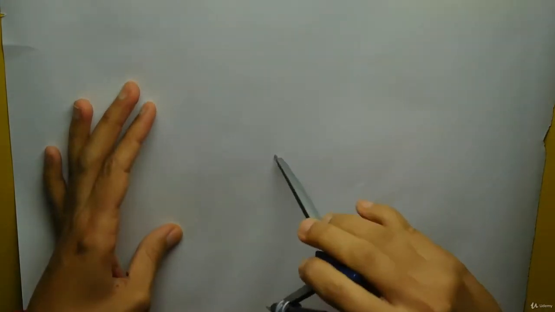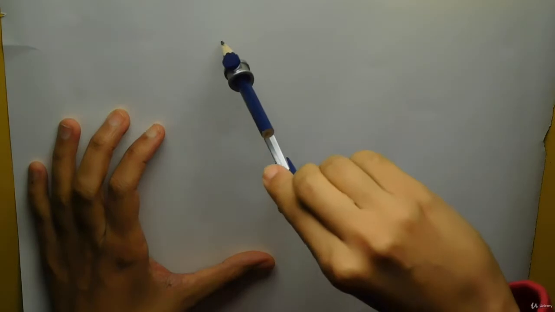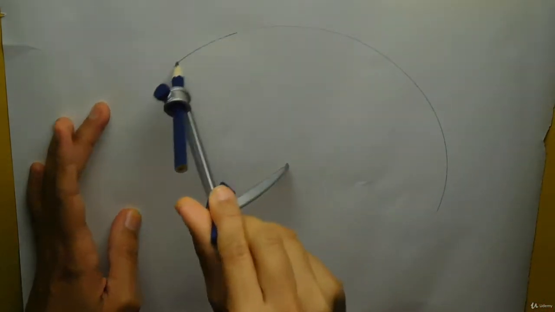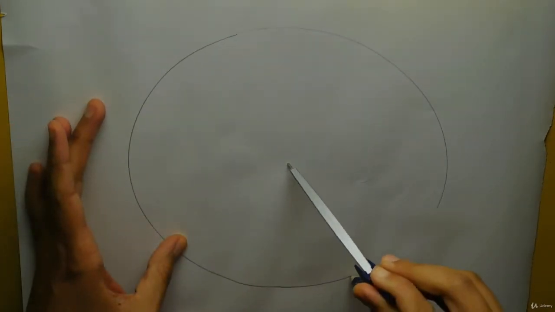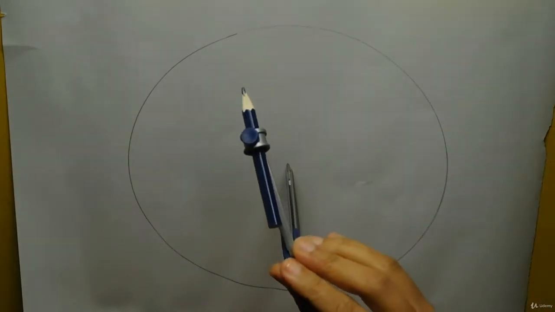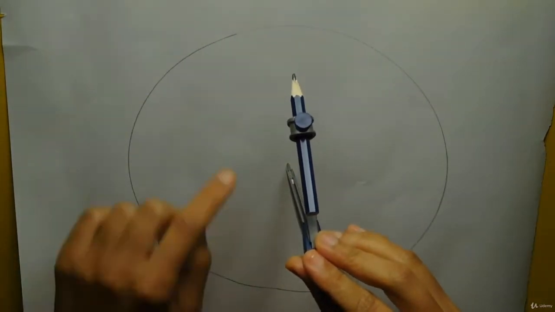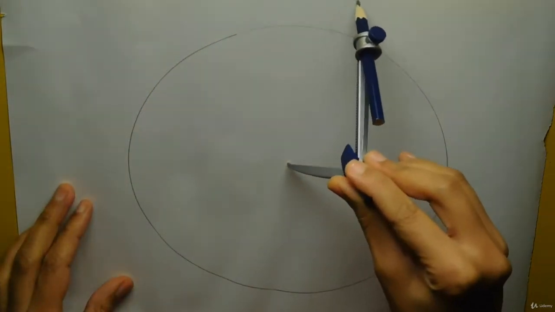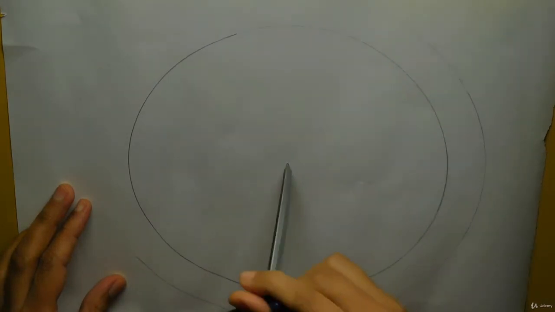Start in the center of your paper and just trace a circle. Then, with the space that is still left here, trace another circle, but that's going to be one that you're going to erase afterwards, so don't use too much pressure.